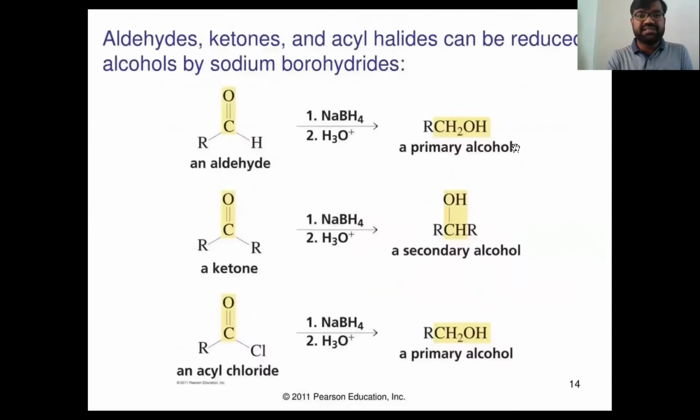So what is that? Basically this. Aldehyde, ketone, and acyl chloride. And if they undergo similar kind of reduction with sodium borohydride, a powerful reducing agent, it will form alcohol.